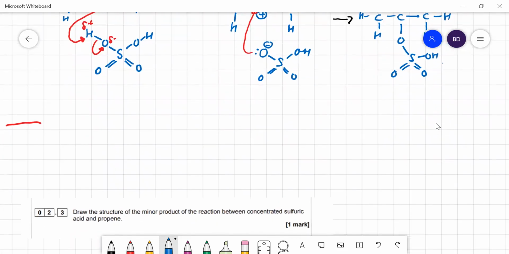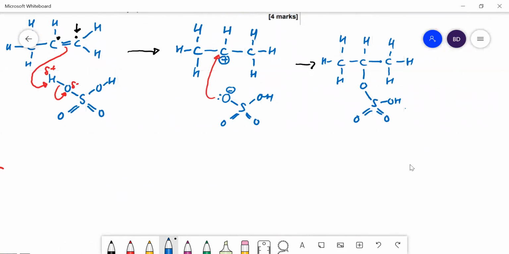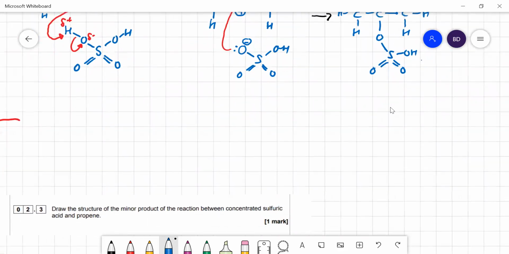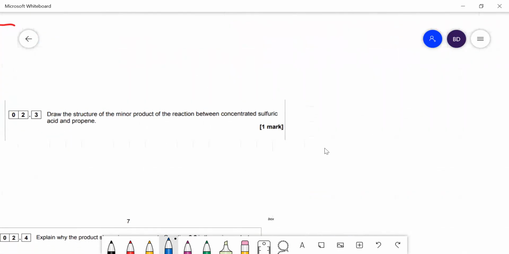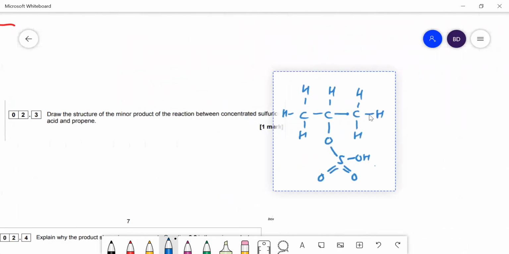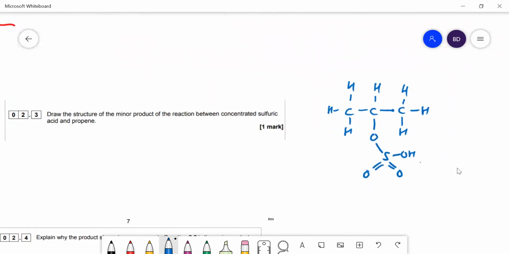I'll draw the structure of the minor product first of all. So all we've got to do here is I'll just copy this. Okay, so the minor product, what's going to happen is, right, so there it is. With the minor product, we're just going to have to swap, so to have that hydrogen sticking onto the middle carbon and that going on the end carbon.